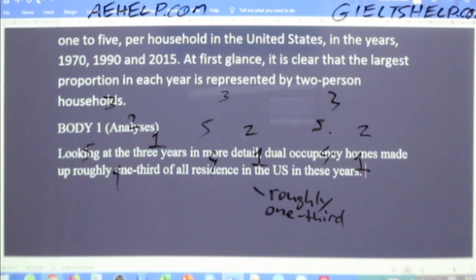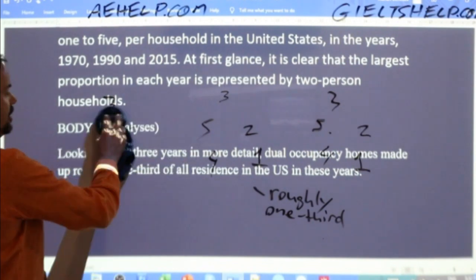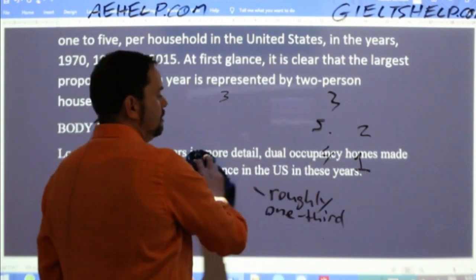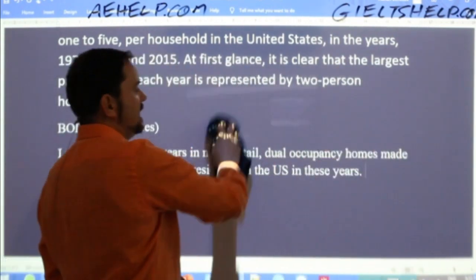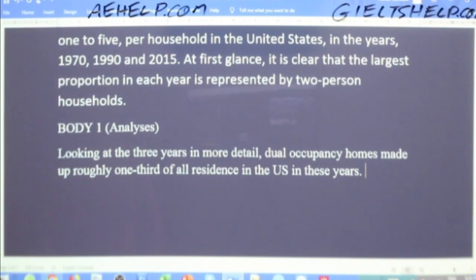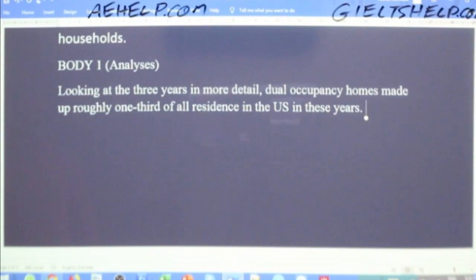Okay. You do not need to write down 28.9%, 32.3%. Be really careful with that, students. In task 1, your goal is not to write a lot of these percentages, okay?